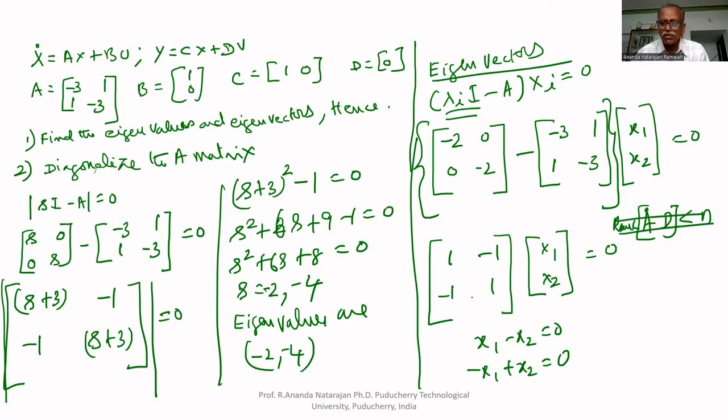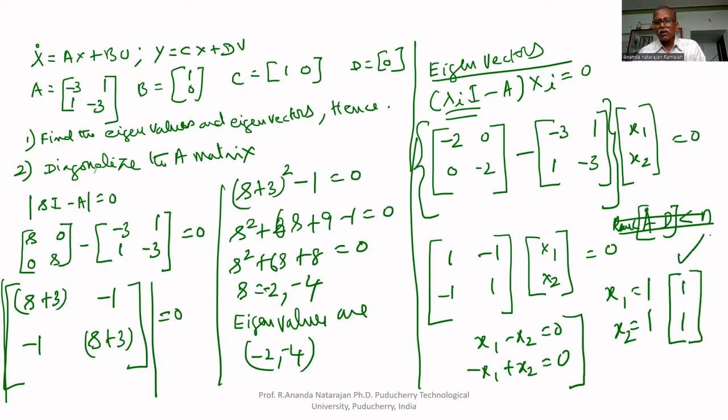Here also there are infinite solutions. That's why we assume x1 equal to 1, which means x2 is also 1. Therefore, the eigenvector for lambda equal to minus 2 is 1, 1. That's all. One vector we got.